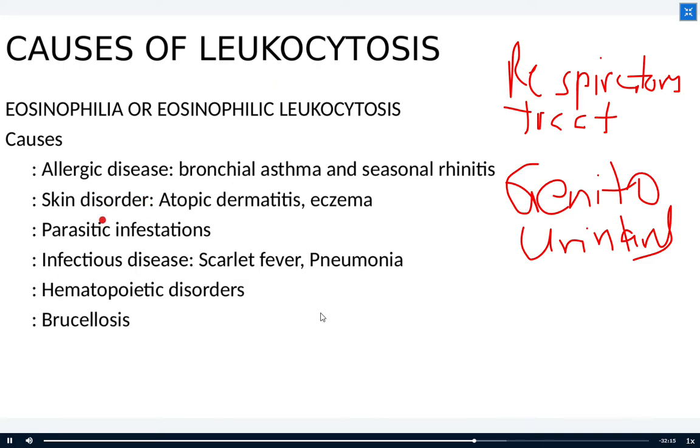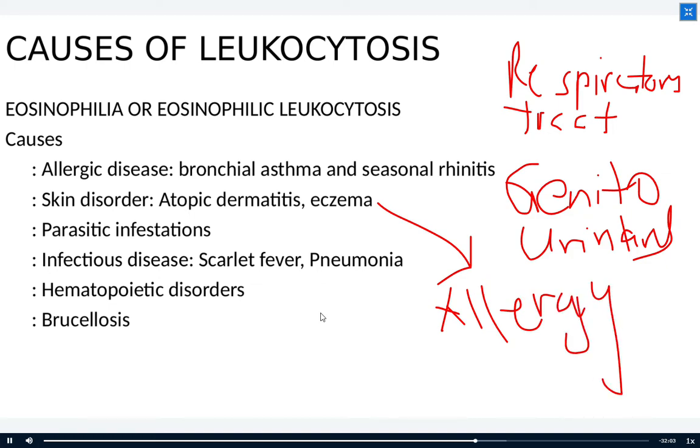Then another one would be your atopic dermatitis and your eczema. So these are types of allergies. And remember, your eosinophils are increased when it comes to allergy. And then we also have your parasitic infestation.